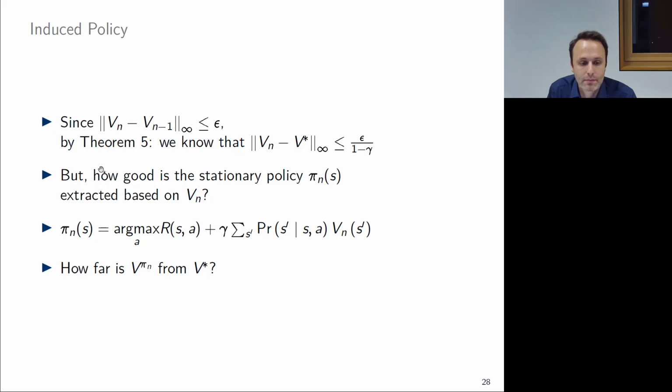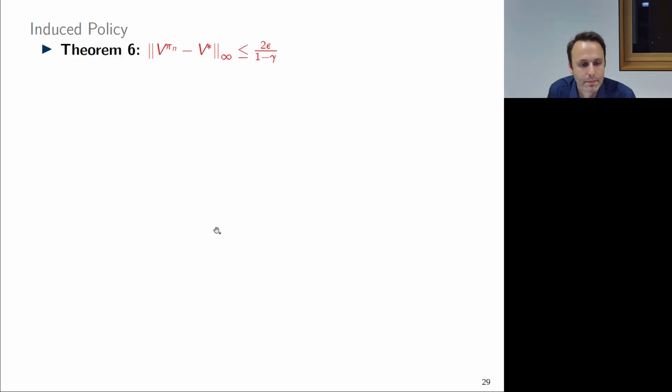But how good is the policy pi n extracted based on this Vn? So if we take that policy out of this, by the argmax, then how far is the value of this policy away from the true optimal policy? Now, theorem number 6 has something to say about this, and it says that it's just 2 times epsilon over 1 minus gamma.